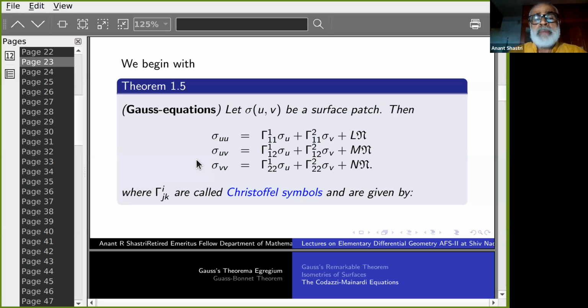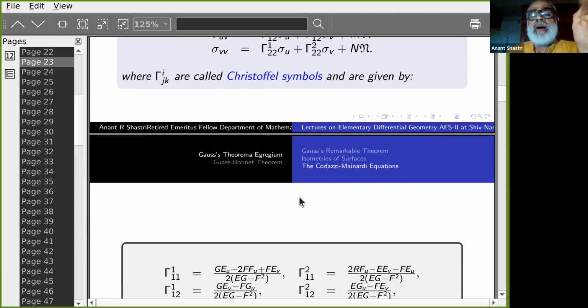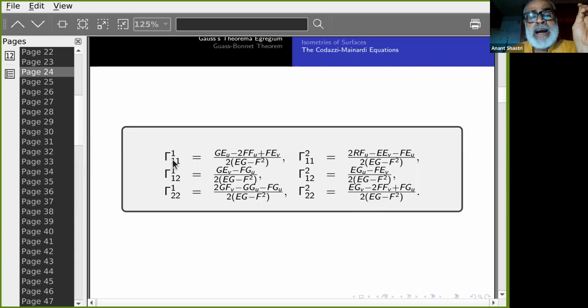What I am going to emphasize here is what these gamma ijk's are for the surface sigma, the surface patch. That is called the Gauss equation. There are 6 of them. You have to determine them. This looks horrendous, but it is not as difficult as the formula looks, if you understand what is going on.